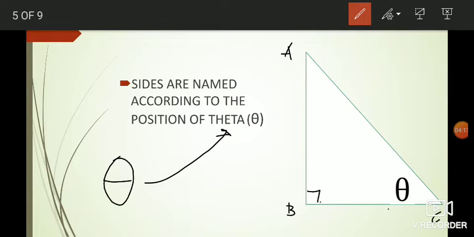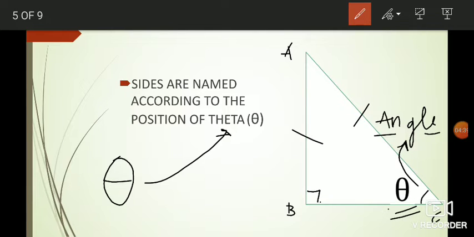Sides are named according to the position of theta. Theta is nothing but one angle, and we are naming it theta. Basically everything in trigonometry will revolve around this theta and sides.